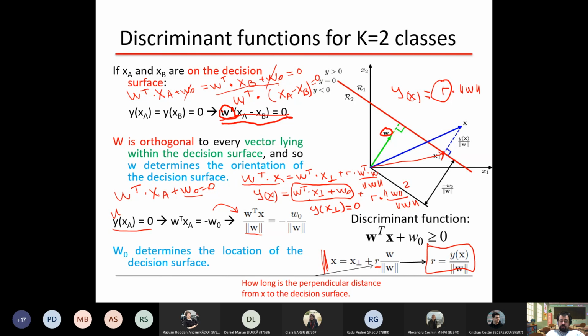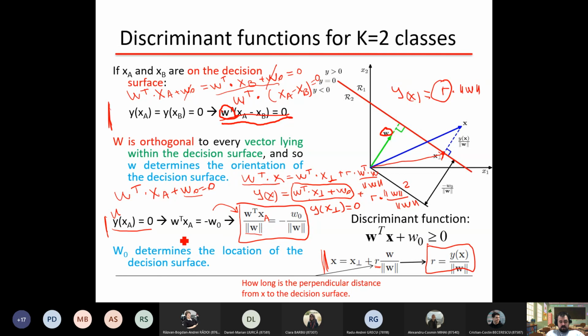Now, in terms of the position, we got the orientation of the decision surface right here. So we saw that it's perpendicular to the vector of weights w, and from here we know the positioning. So w0 will tell me what is the location of the decision surface, because from this computation, we saw that it should have been an A here.